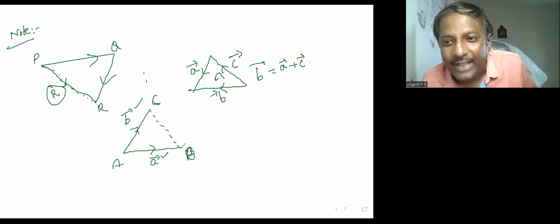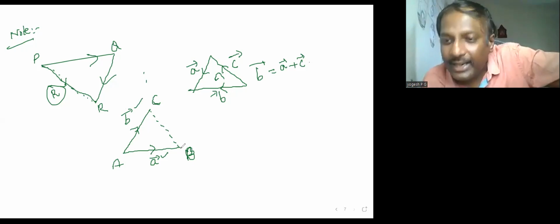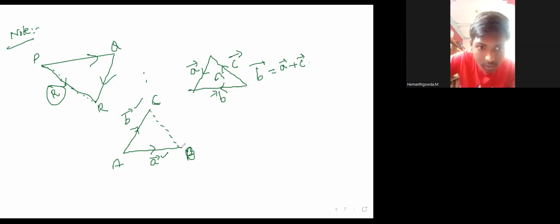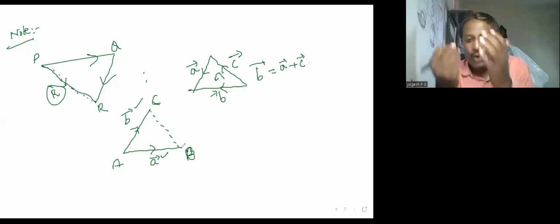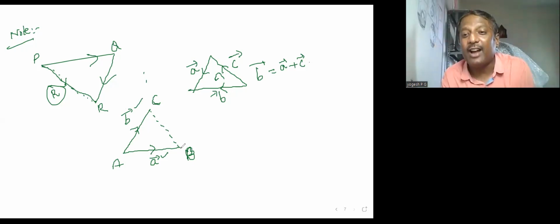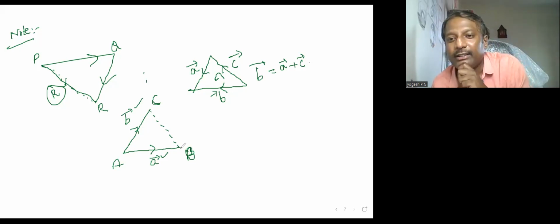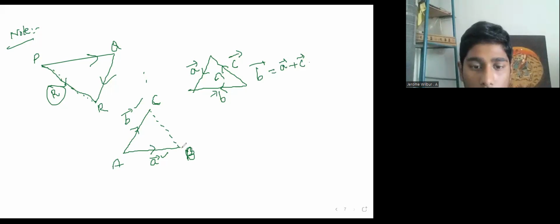Okay. Can you add these two vectors by using the triangle law? No, sir. That is what I'm expecting from you. We cannot add this by using the triangle law. Then which method do you have to go for? Parallelogram. Exactly.